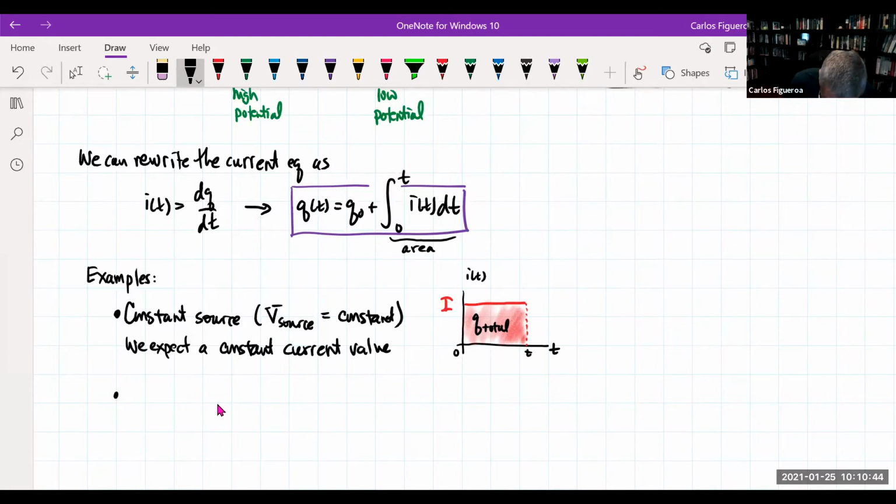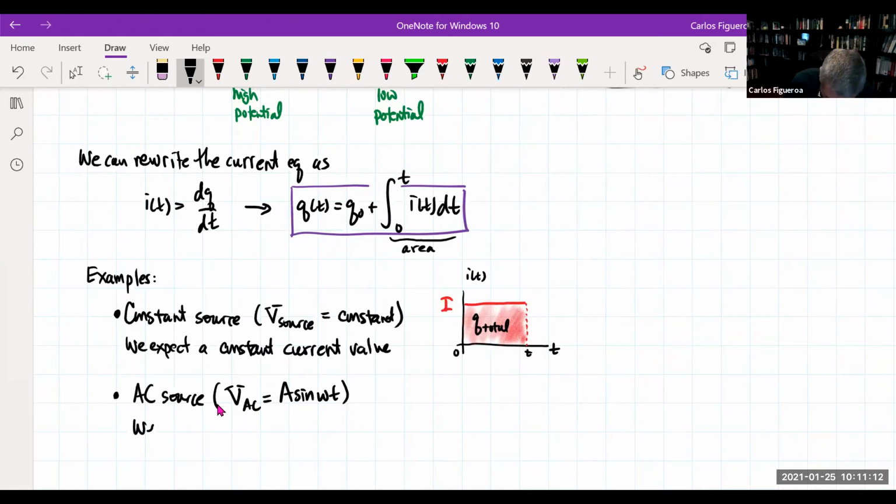Another simple case we could think about is an AC source. What happens if I have an AC source? One example could be that it looks something like this, which is sinusoidal. Since the source is sinusoidal, then the current should be sinusoidal.